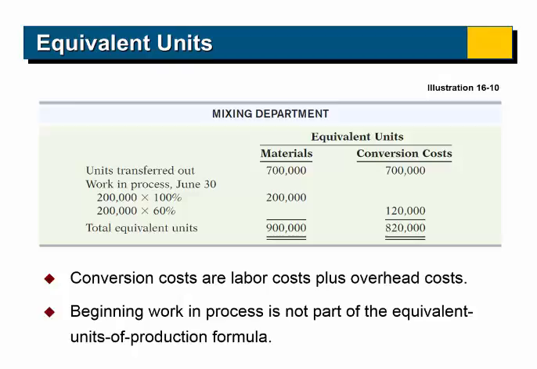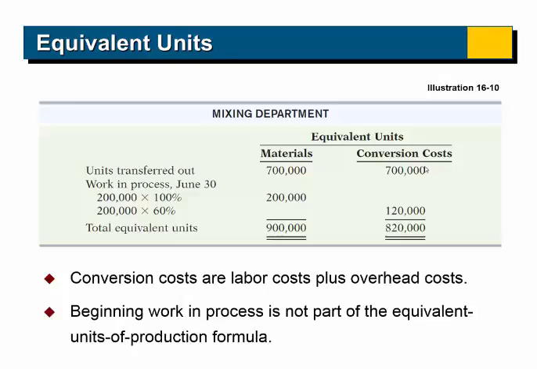Because we are going to make the assumption in this particular class, and on your homework, they should all be the same, that when we place items into production, they receive all of their materials when they're first placed into production. So 200,000 times 100% means that 200,000 equivalent units are there for materials for the items that are still in WIP. So if we add those two together, 700,000 plus 200,000, we have 900,000 equivalent units as to materials.